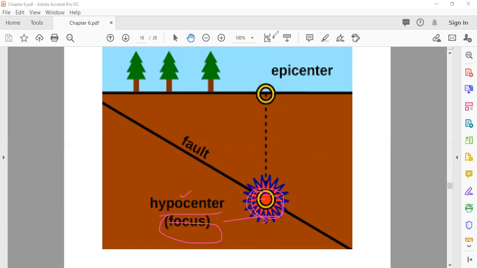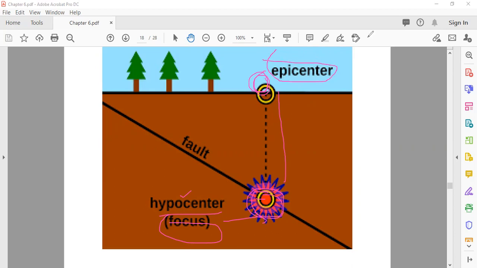If you go just above, for example, here you have the focus. If you go just above here, but outside the ground, that is known as the epicenter.